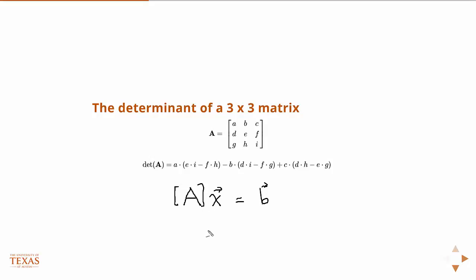And the solution to this is A inverse times B, okay? So that's the solution. If the determinant of A is 0, then the inverse doesn't exist, so we can't solve this. So it's a quick way to know if there's an actual solution to this problem, if the determinant's 0.